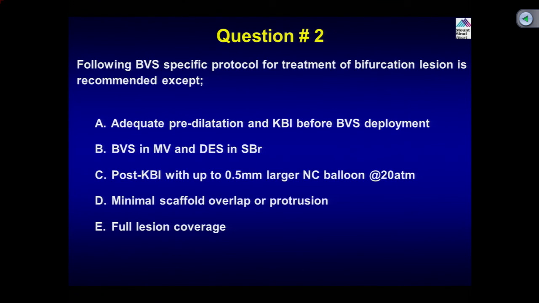Second question, the following BVS-specific protocol for treatment of bifurcation lesions is recommended except: adequate pre-dilatation and kissing balloon inflation before BVS deployment, BVS in main vessel and DES in side branch, post kissing balloon inflation with up to 0.5 millimeter larger non-compliant balloon at 20 atmospheres, minimal scaffold overlap or protrusion, and full lesion coverage. So basically, which one is the wrong answer.